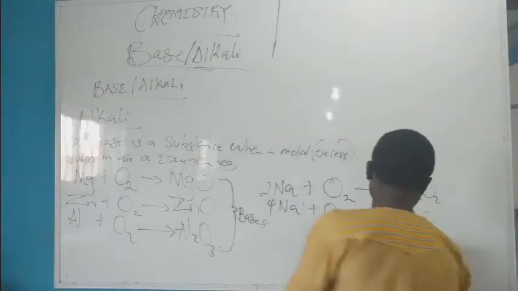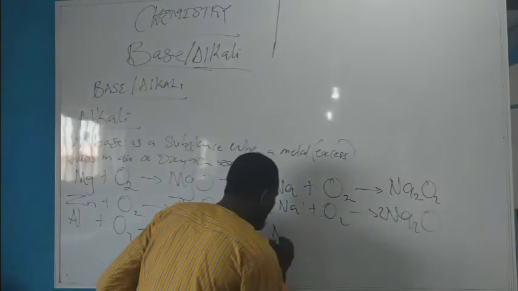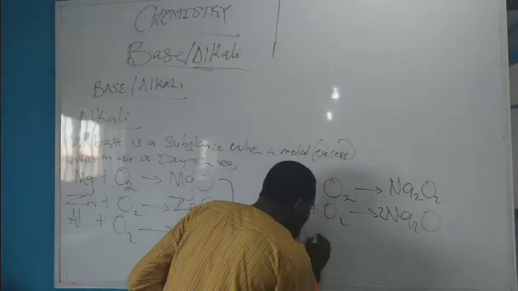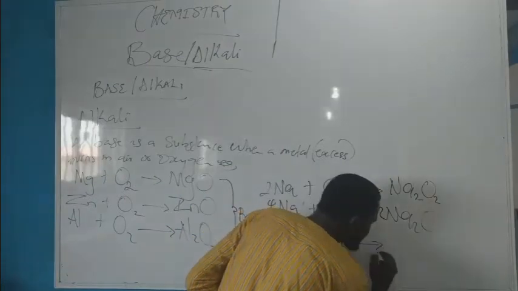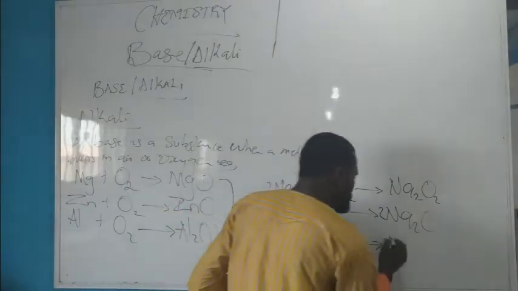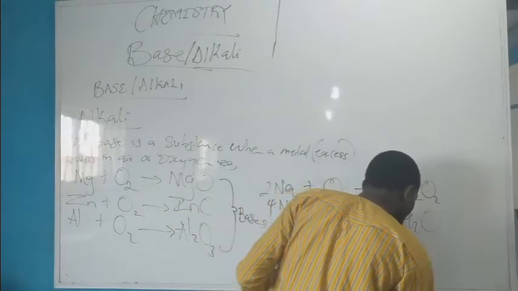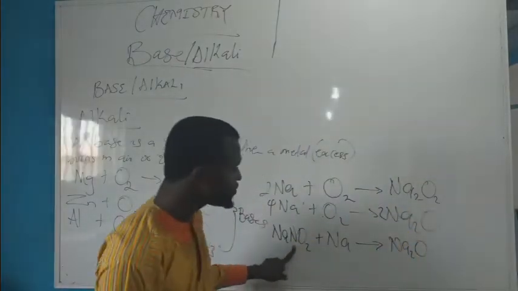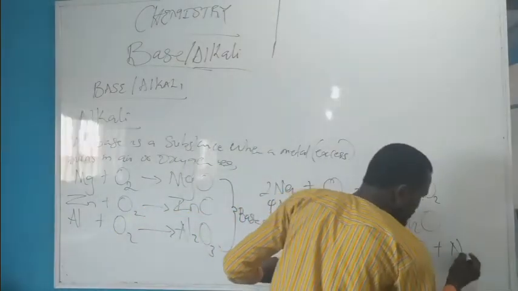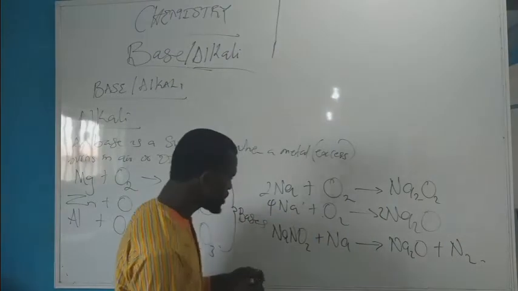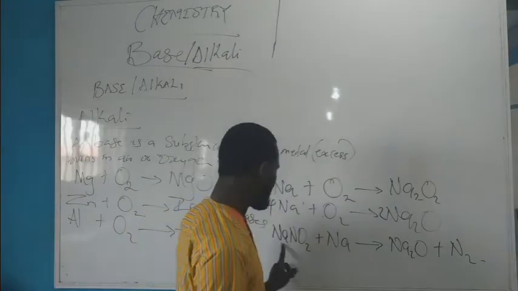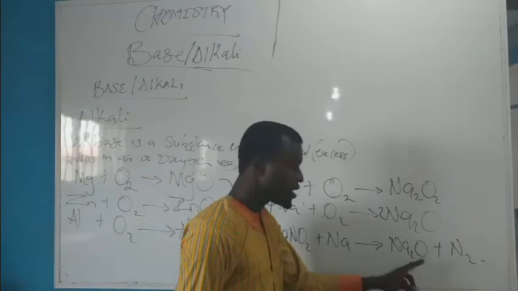Therefore, to secure sodium oxide, sodium nitrite is heated with excess sodium to give sodium oxide and nitrogen gas. So this will give you sodium here 2, sodium here 1 plus 1, 2. Balance.